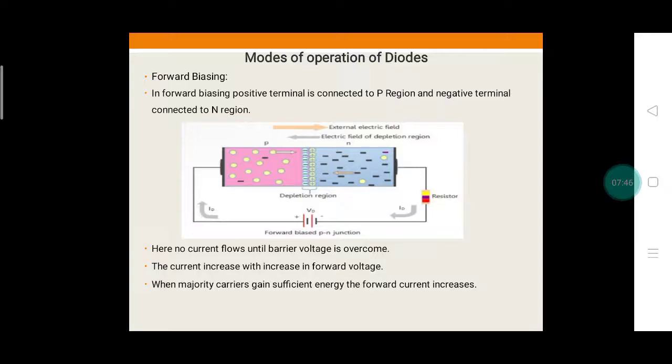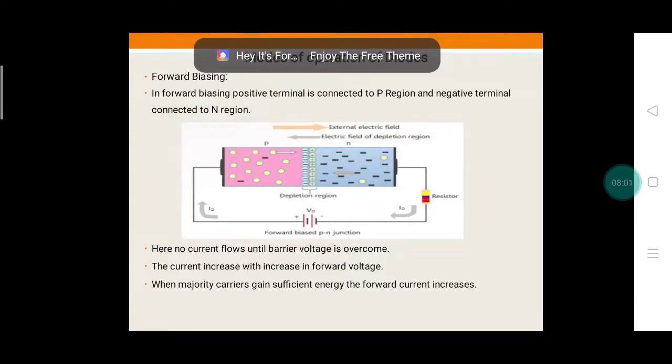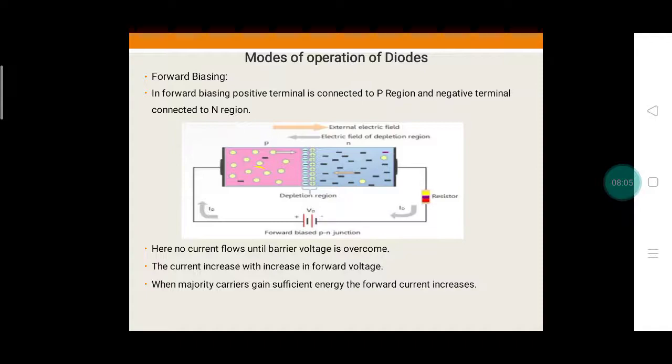When we connect the positive side of the diode with the positive side of the battery and the negative side of the diode with the negative side of the battery, this type of connection is known as forward bias. Like terminals repel each other, which causes the movement of majority carriers towards the depletion region.